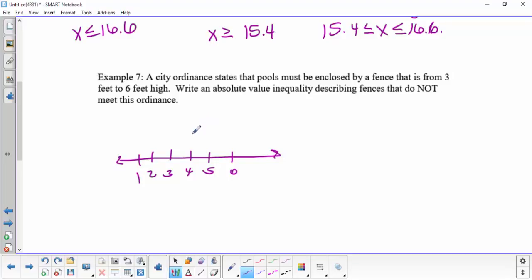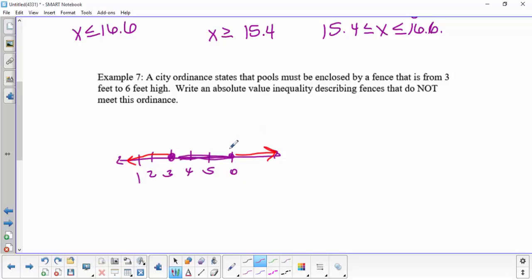The fence has to be between 3 feet and 6 feet high, so that would be everything in here. However, we want the ones that do not meet this ordinance. So to not meet this ordinance, we're going greater than or less than. So an absolute value inequality that would be outside of this region.